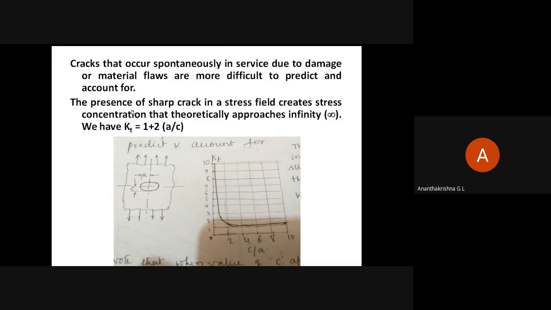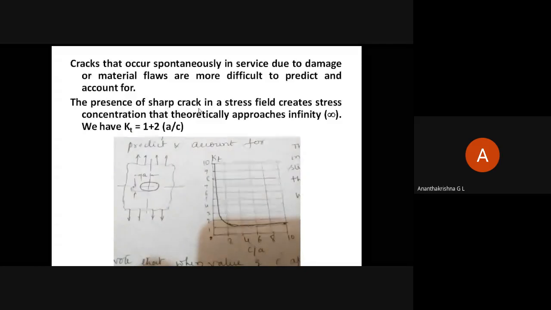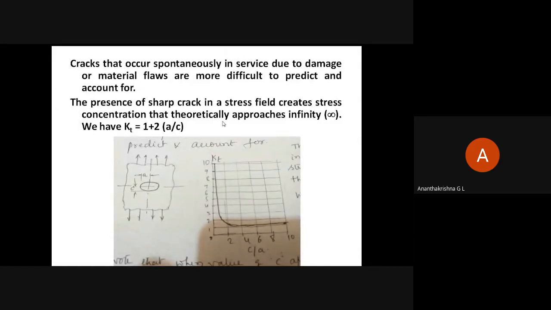Okay, next. The presence of a sharp crack in a stress field would create a stress concentration that theoretically approaches infinity. Now, please note down the sketch. The stress concentration factor Kt is given by 1 plus 2 into A by C. This is the presence of a notch in the plate, in the form of an ellipse.